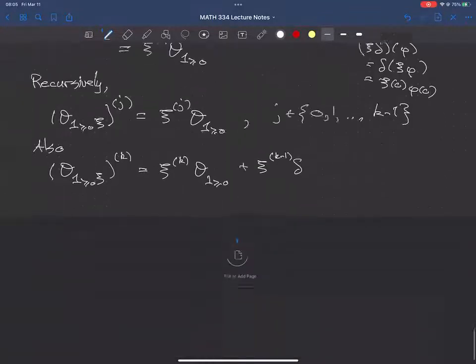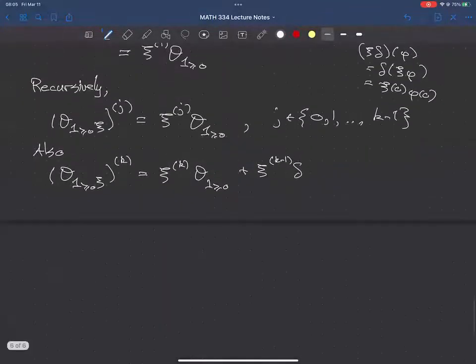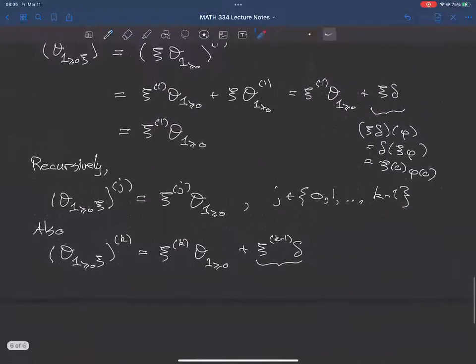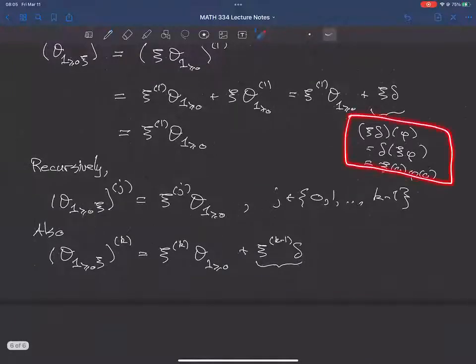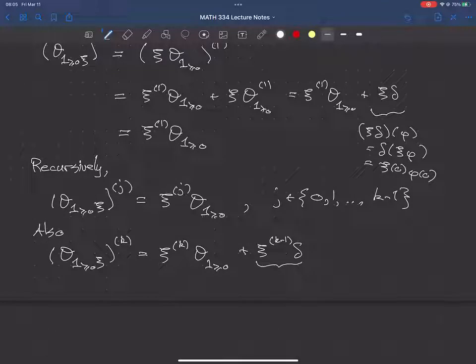Now I'm going to evaluate that exactly like I did here, but I get a different answer. So this is C k minus 1 delta.